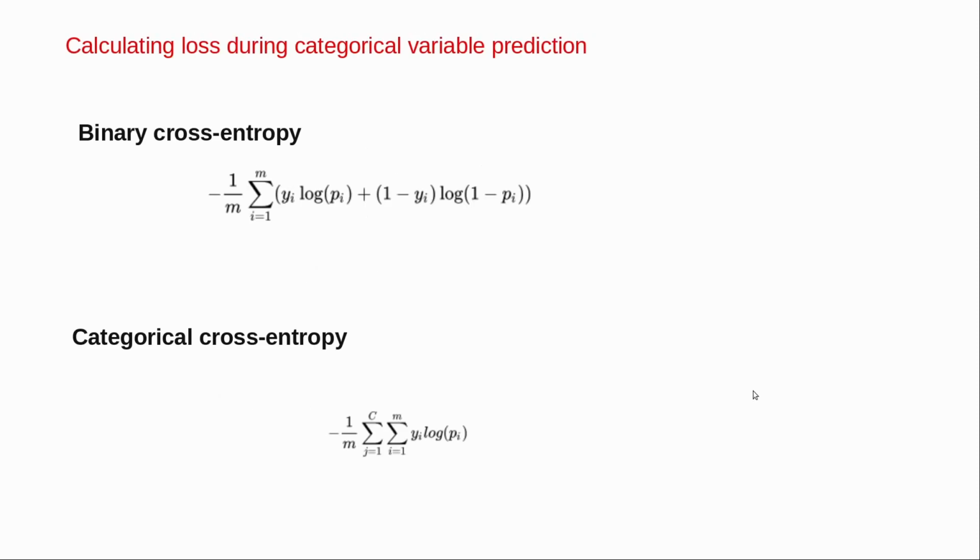And when we deal with a classification problem, either binary classification or multi-class classification, the loss calculation is different, and we call it cross entropy. This is the formula for binary cross entropy loss, that is when we are dealing with a binary yes/no or 0/1 kind of classification problem. And this is the formula for categorical cross entropy loss when there is a multi-class problem for categorical variables.